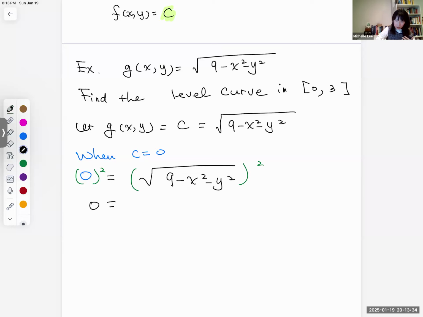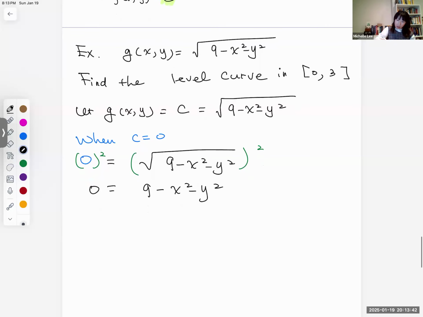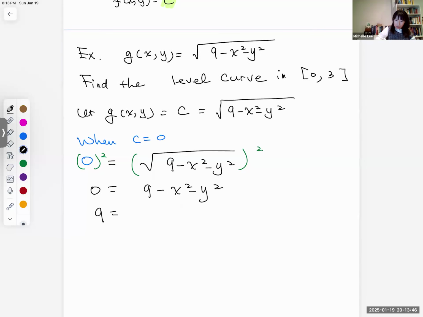Then we have 0 equal to 9 minus x squared minus y squared. So let's move to the other side: x squared plus y squared equal to 9, right? So we knew this is r squared. We knew that this is a circle, radius equal to 3, right?